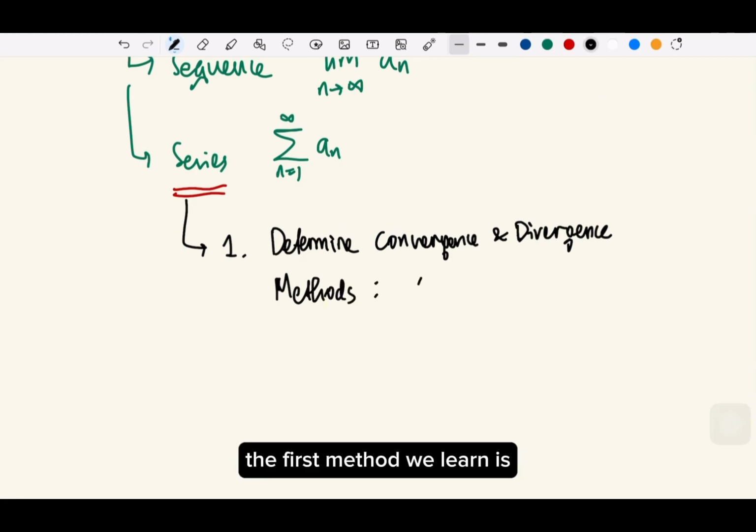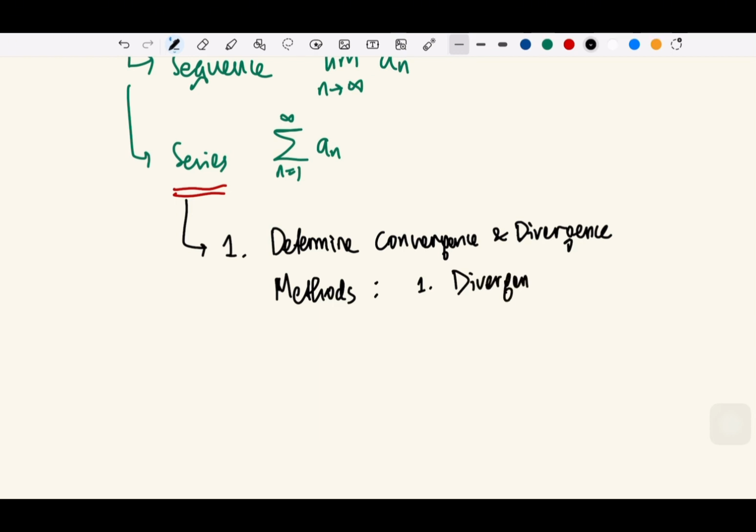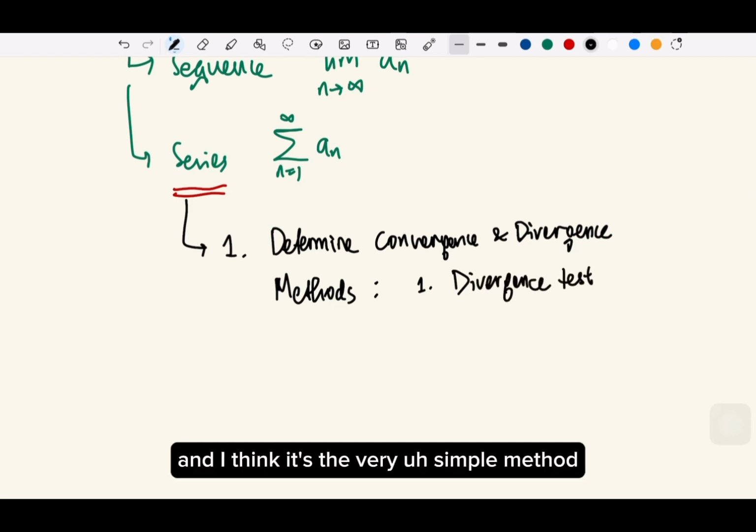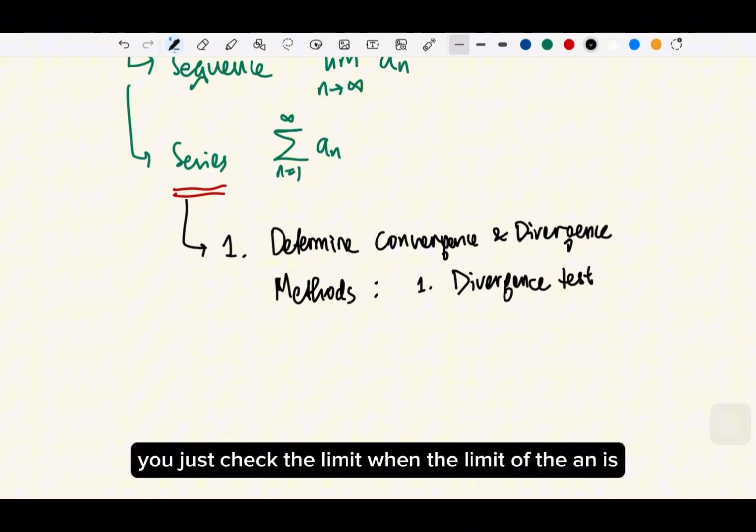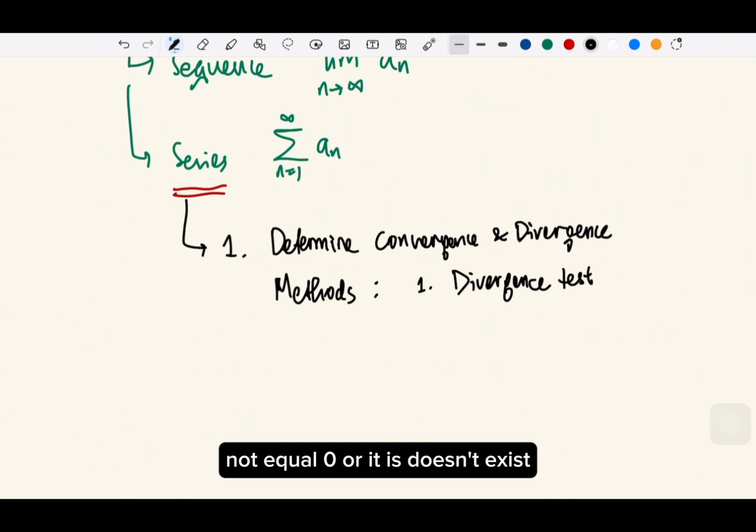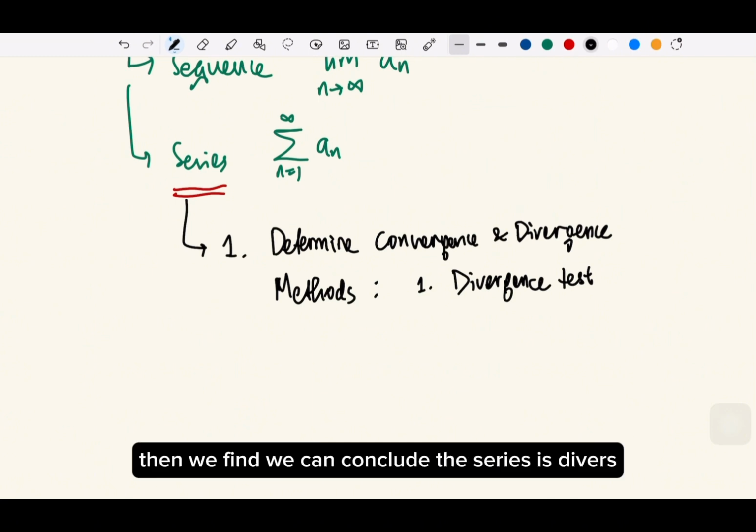The first method we learn is we call the divergence test. And I think it's the very simple method, very easy to use. You just check the limit. When the limit of the an is not equal 0, or it does not exist, then we can conclude the series is divergent.